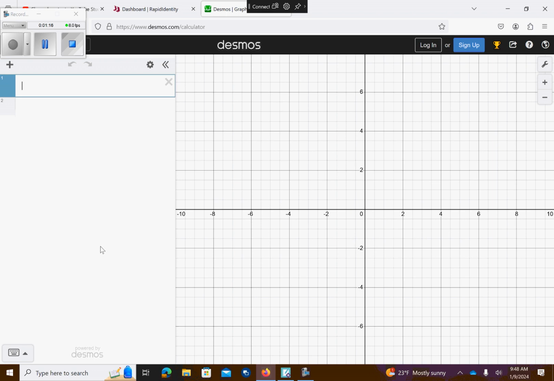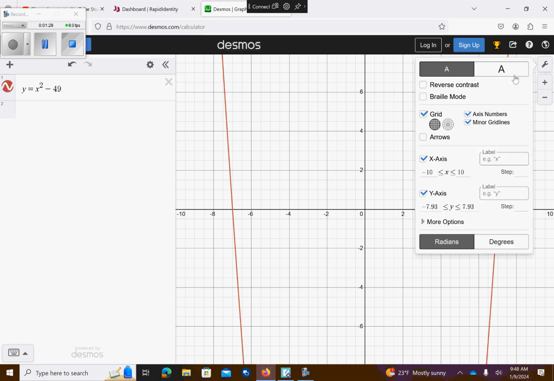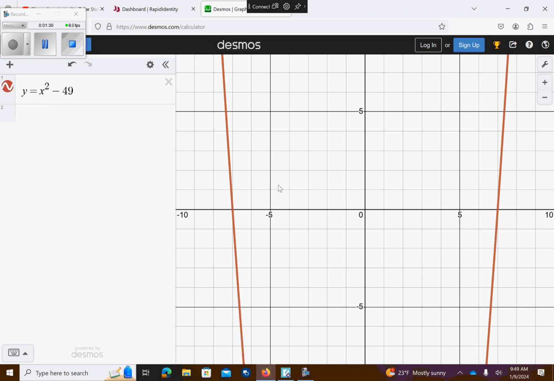Deal? So if I want to type, I realize it doesn't say y equals, but I'm going to do y equals that very first problem. And so I get this, and I'm going to make this a little bit thicker. So mainly the most important things in calculus or in math are where it crosses the x-axis or turning points.